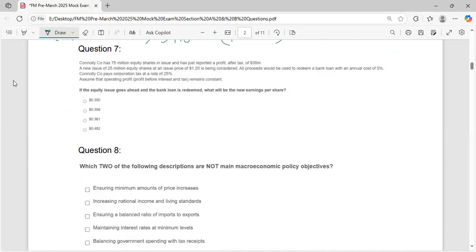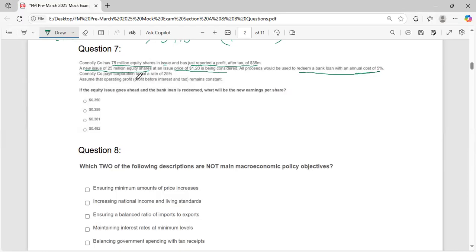Now we have Colonial Company, which has 75 million equity shares in issue and has just reported a profit after tax of 35 million. A new issue of 25 million equity shares at an issue price of 1.2 is being considered. All proceeds would be used to redeem a bank loan with an annual cost of 5%.